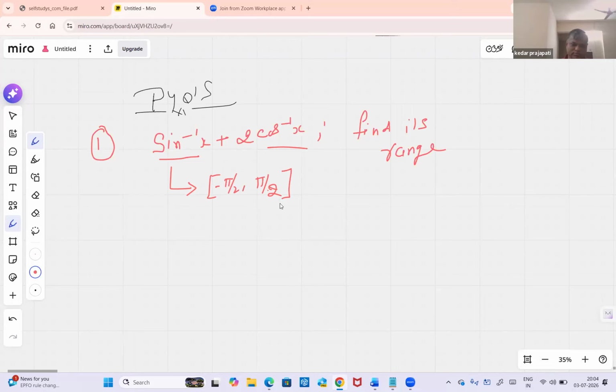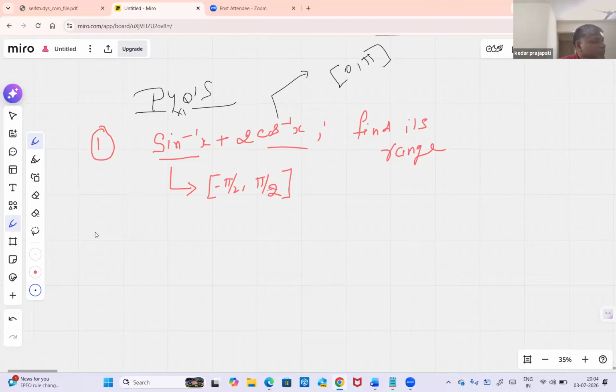And range of cos inverse x is 0 to pi. Okay. So now we need to simplify this further.